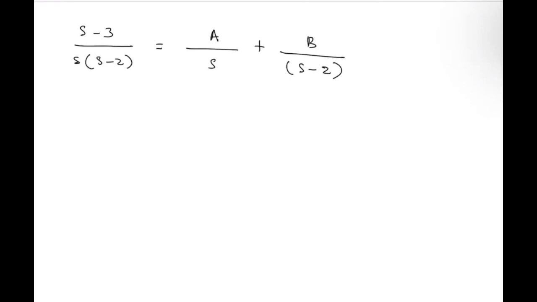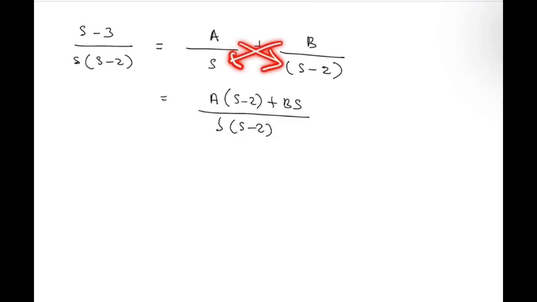Then we want to expand this fraction. So A will be multiplied by S minus 2 and B will be multiplied by S. So you cross multiply. So A over S plus B over S minus 2. So we cross multiply: A times S minus 2, B times S, over S times S minus 2.